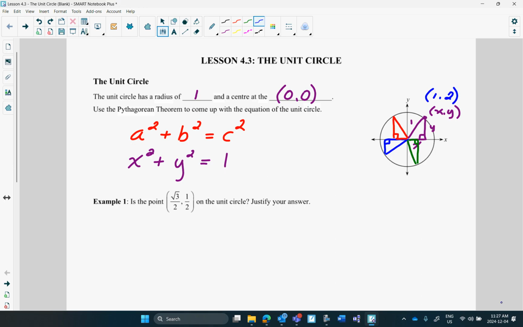Can I fit that into the unit circle? No, because 1 squared plus 2 squared is 4. So if I add those, I get 5, and it has to equal 1. So this is not on the unit circle. That does not have a hypotenuse of 1 if I do Pythagoras.